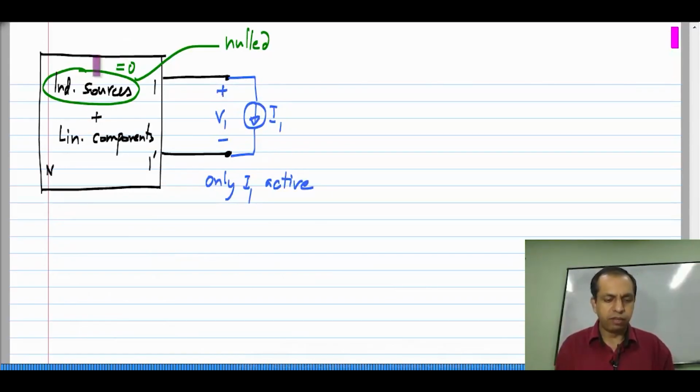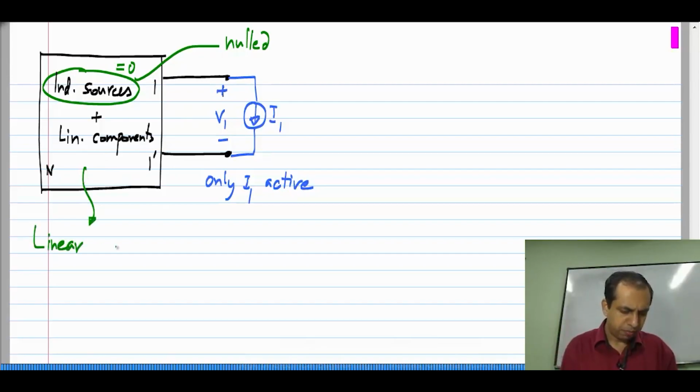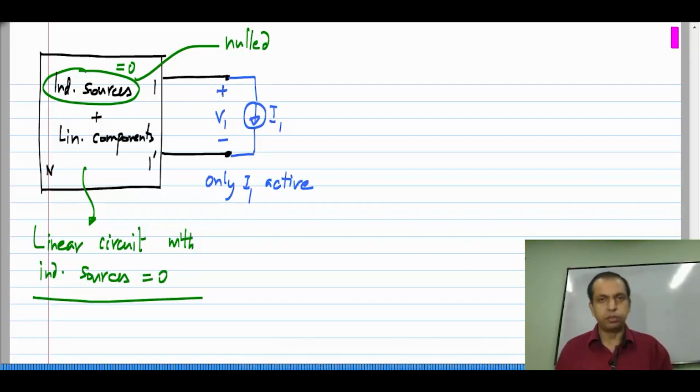only I1 is active and the independent sources in the circuit are nulled. And I have this current I1, and what is V1? We have earlier discussed this. Remember now, with the independent sources nulled, this is a completely linear circuit, with the independent sources set to 0.